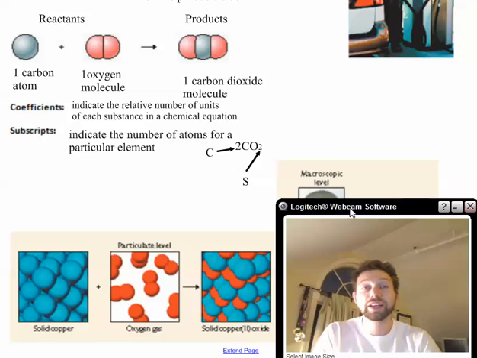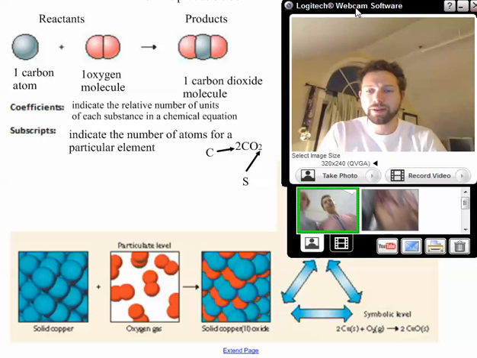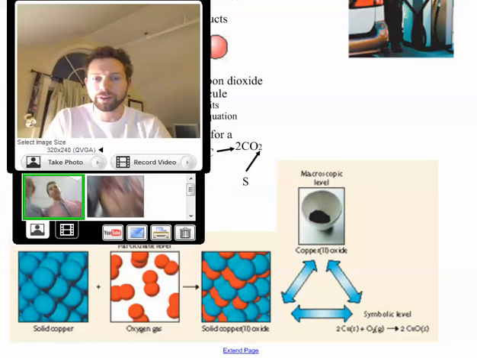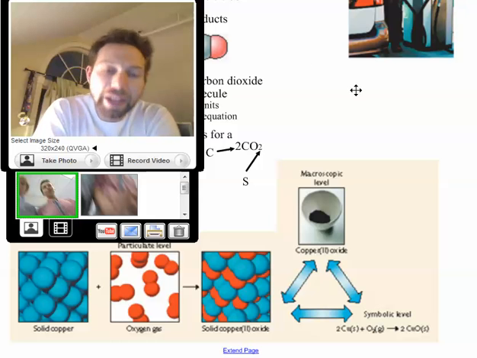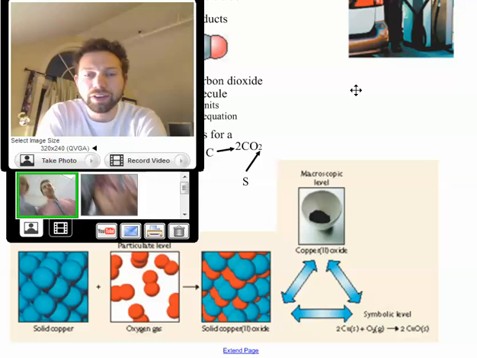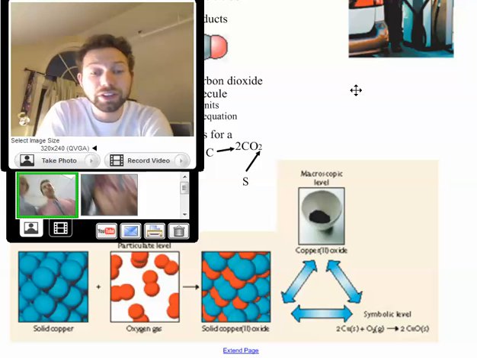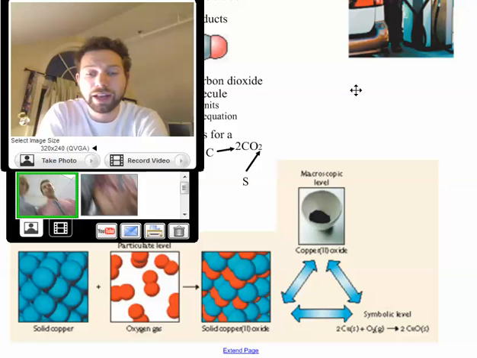The last thing I want to say in this video is that if you look down at the bottom there in the picture, we have different ways to look at matter. We have the particulate level where we can look at models of it. We have solid, liquid, gas, and that's a great way of looking at it.